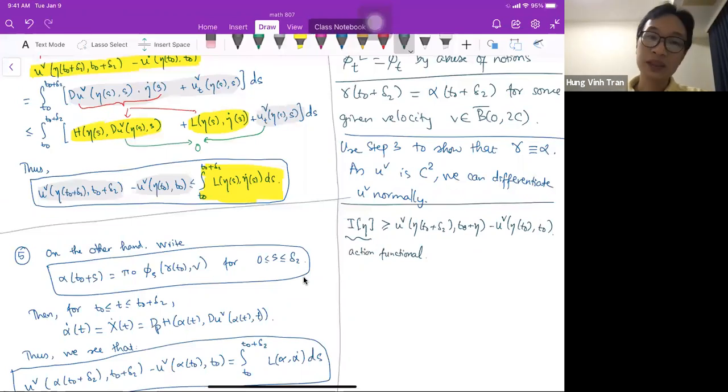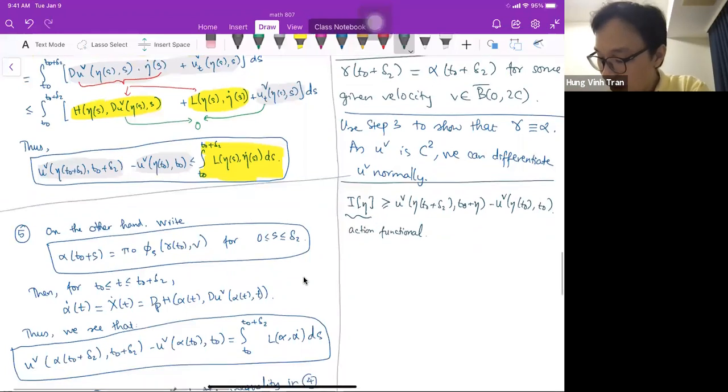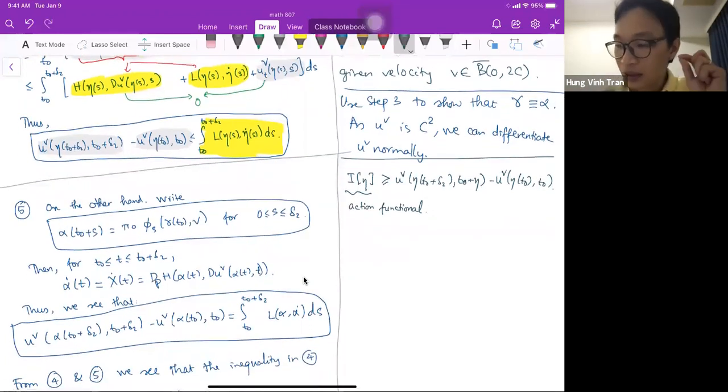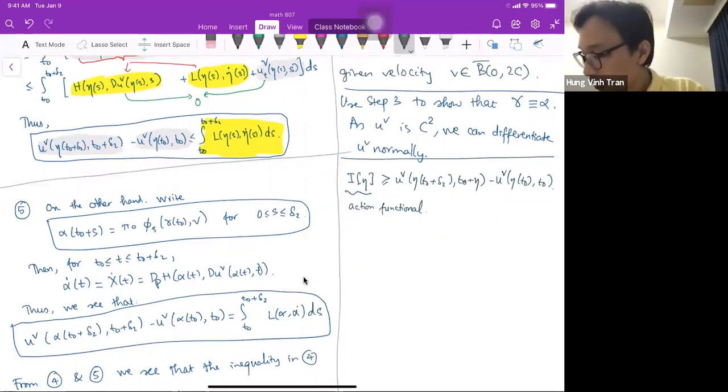So it's beautiful, right? It's exactly telling us that we can control the action functional by using solutions to Hamilton-Jacobi equations. It gives us exactly a lower bound. Moreover, you can see that the inequality becomes an equality when, right?